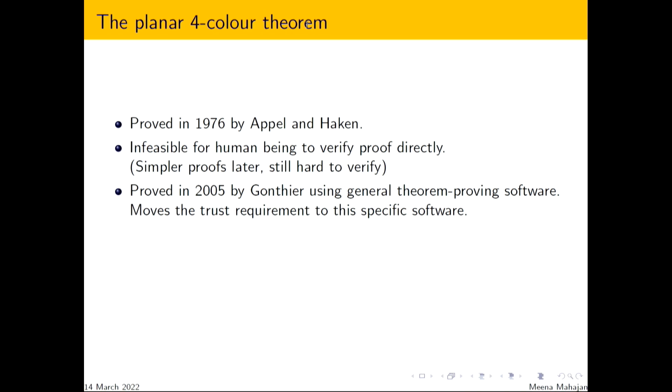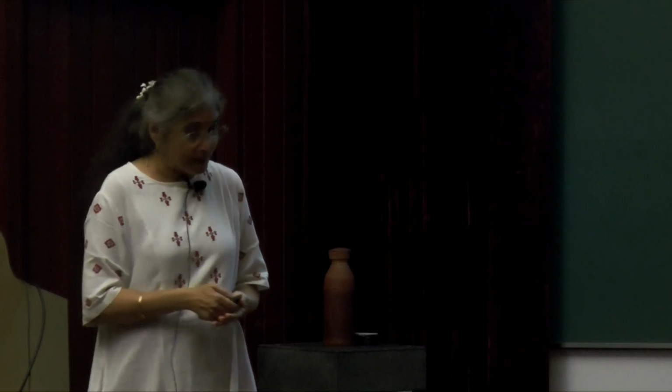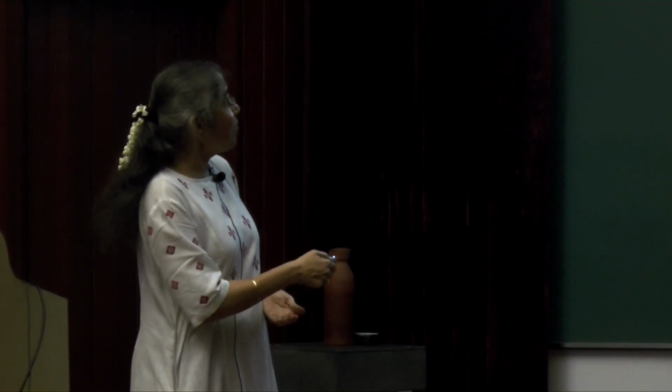I wouldn't say that this proof is any easier to check, but what this proof achieves is that it moves the trust requirement from that humongous computer program that Appel and Haken wrote, which was checking multiple possibilities and trying to check whether indeed everything has been dealt with satisfactorily. That trust requirement is now moved to this particular software.